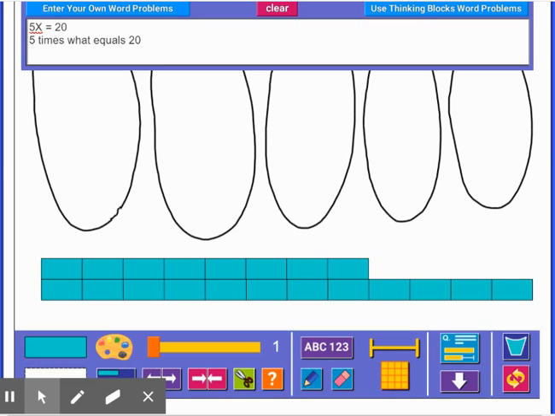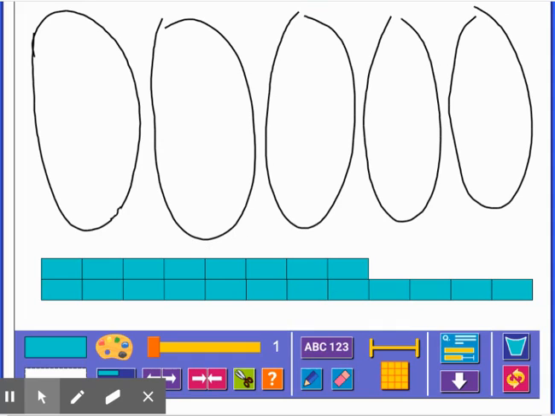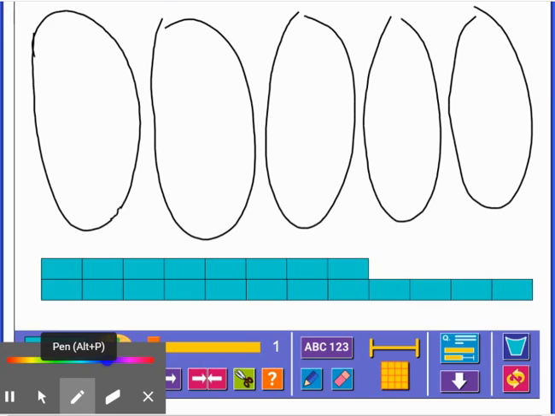So let's go ahead and start to figure that out, because eventually, remember, these are going to get more challenging, so we want to be able to answer them every single time. So I can start, I have my 20 blocks down here.